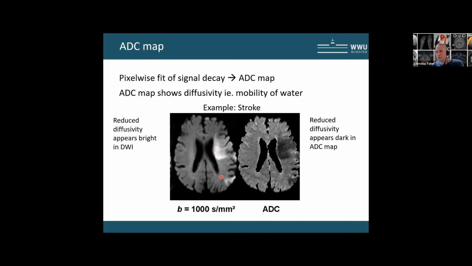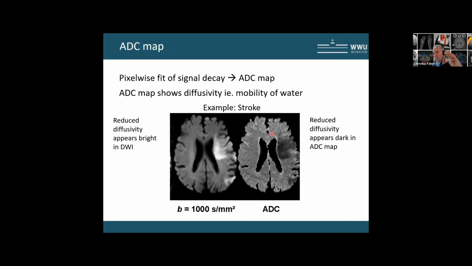Now, if we do this for a number of B values, as shown for 9, we can calculate this apparent diffusion coefficient, and this is the same brain here, just with the apparent diffusion constant calculated. And here you see the same areas are suddenly dark. So why are they dark? Here, the signal is increased because the diffusivity, so the diffusion constant, is low.